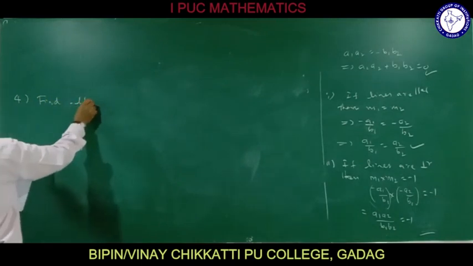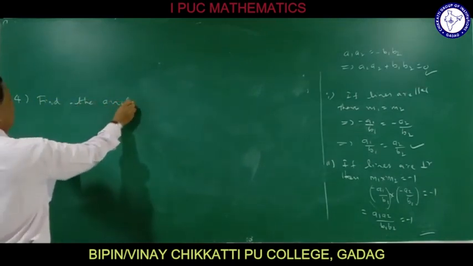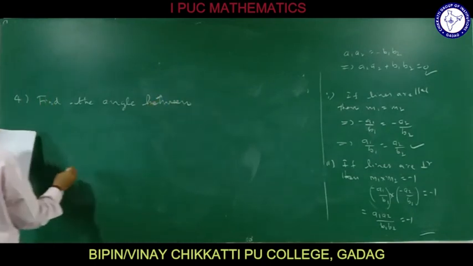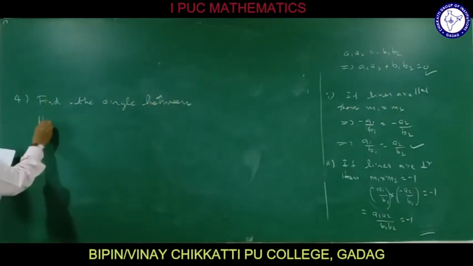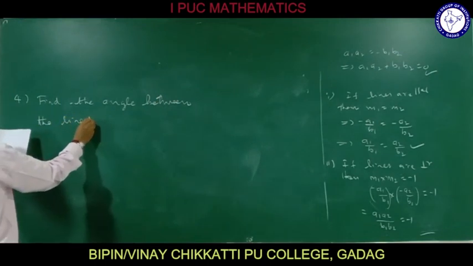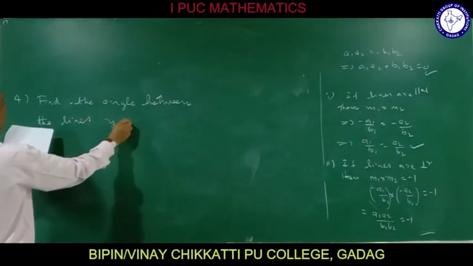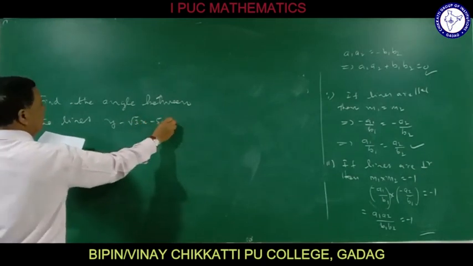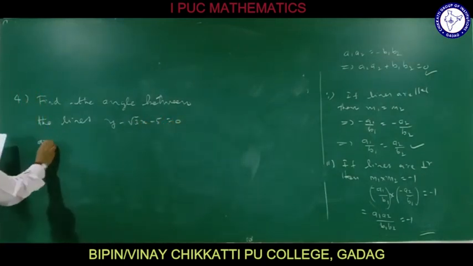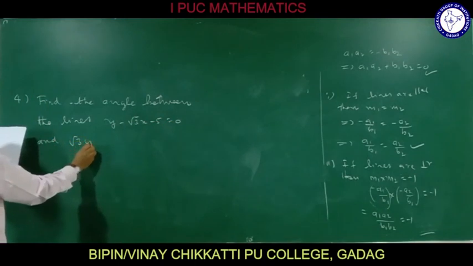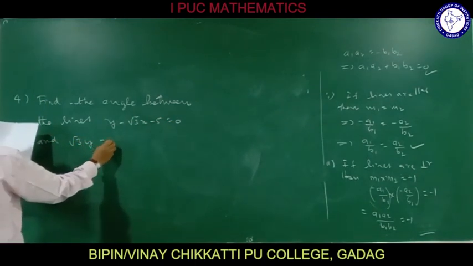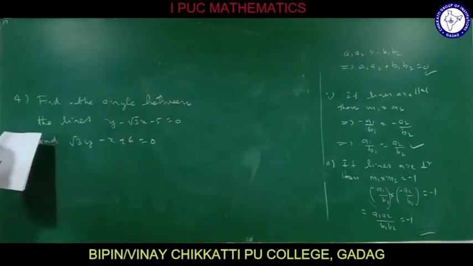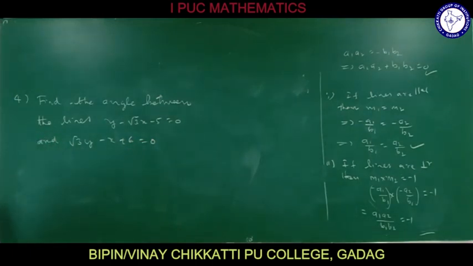Find the angle between the lines y minus root 3x minus 5 is equal to 0 and root 3y minus x plus 6 is equal to 0. So we have to find out the angle between the lines.